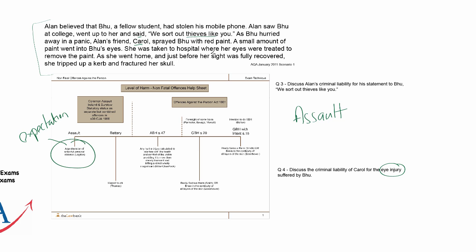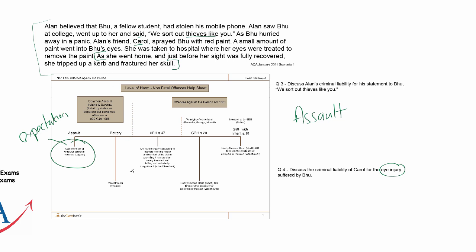She was taken to hospital where her eyes were treated to remove the paint. Now we can just get rid of that last sentence, partly because question 5 will talk about whether or not Carol caused the fracture to her skull. What we're talking about here is the paint injury into Boo's eyes.